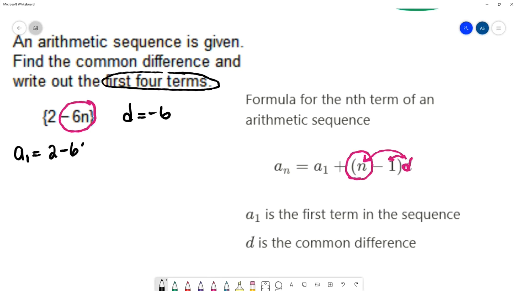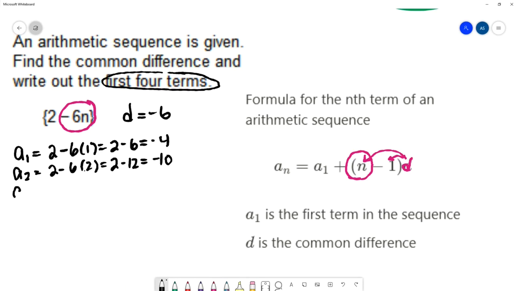We want to write the first term of the sequence by substituting a 1 in. That's 2 minus 6 times 1, which is 2 minus 6, which is -4. The second term, 2 minus 6 times 2, is 2 minus 12, and that's -10.